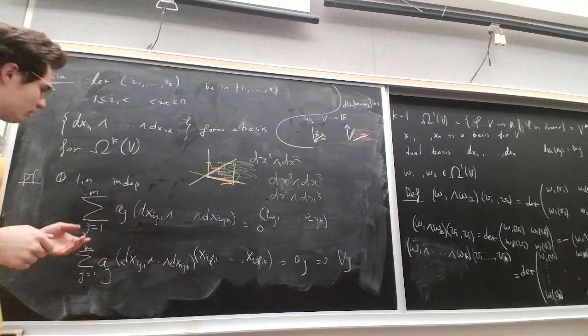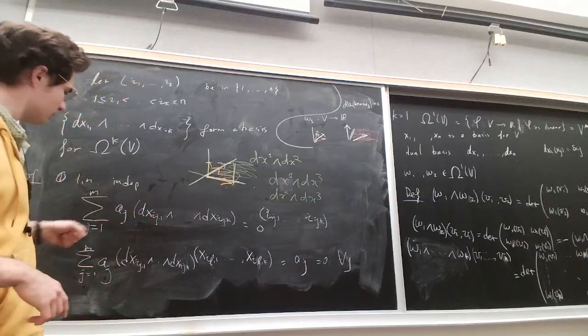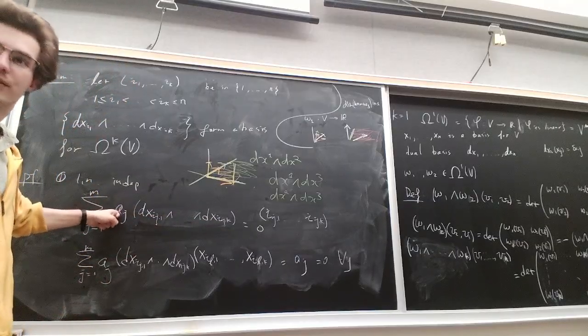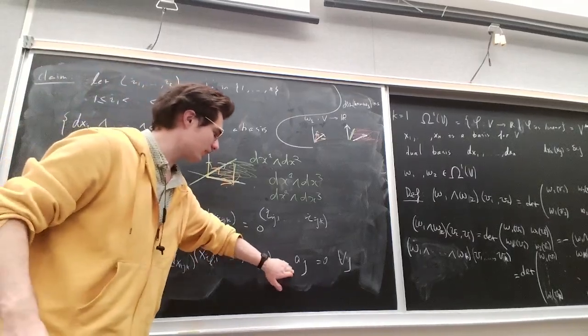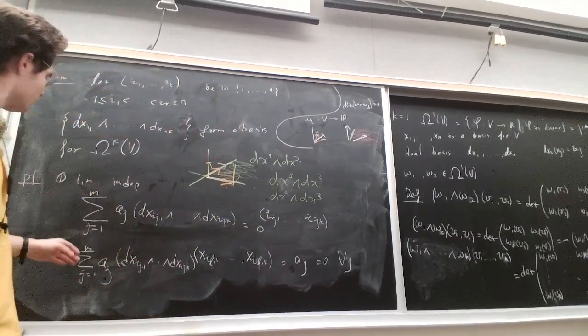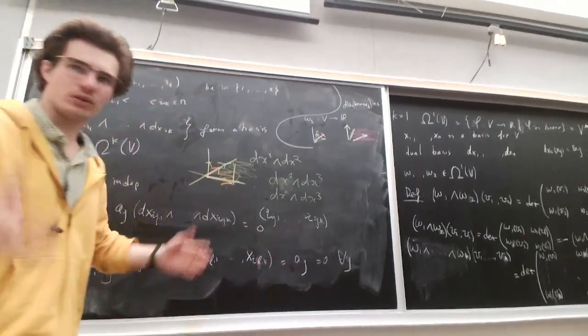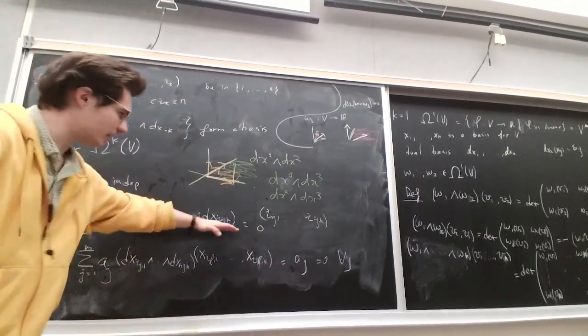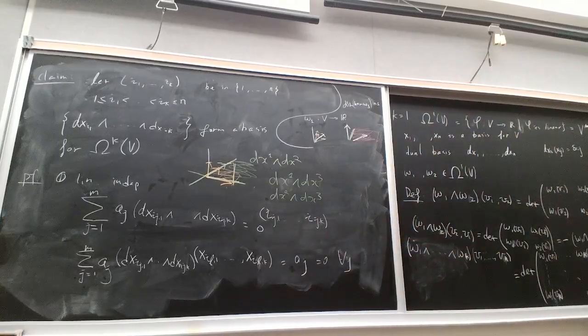And so if you plug in the right thing, you just get the coefficient in front of it. So you get aj, and if you want this to be 0, aj has to be 0, so that this is linearly independent. Okay. Sorry, I don't know if that helped at all.